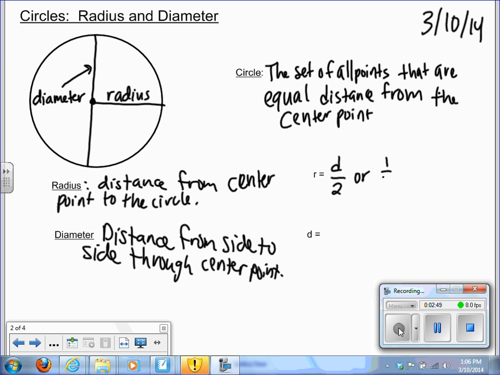Good. 1/2 times the diameter would also work. Okay, so those are some formulas for you. If you're looking for the diameter and you know the radius, what do, Marissa? The radius times 2. We're going to simplify that to be 2r. 2 would become your coefficient, 2r.